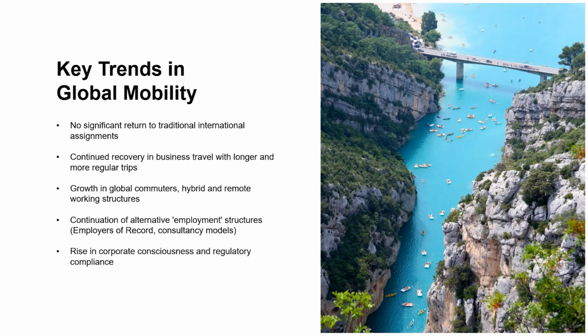I saw a statistic the other day that said it's only a little over half of employers actually have a formal business travel policy that is adhered to. That is now going up. So employers are actively looking to say, we need to understand where you are, and we need to understand what you're doing, and is what you're doing within our guidelines and parameters.